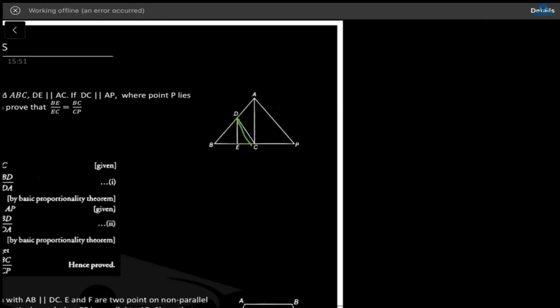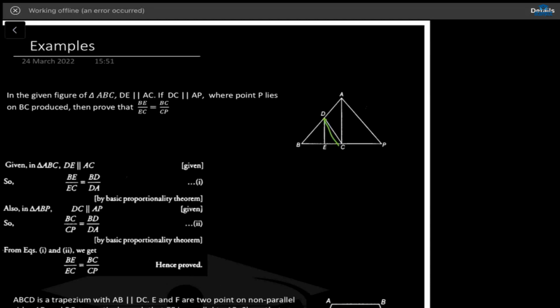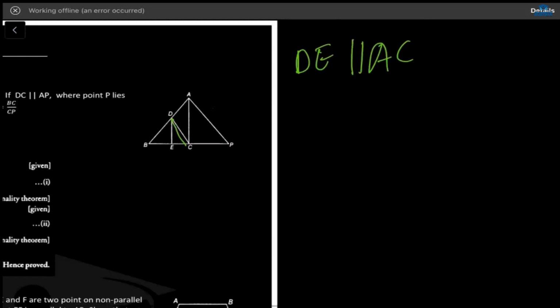Now it is given in the question that DE is parallel to AC. If DE is parallel to AC, Rudoniel, can you tell me what will be the condition from BPT? Which two sides will be in proportion?